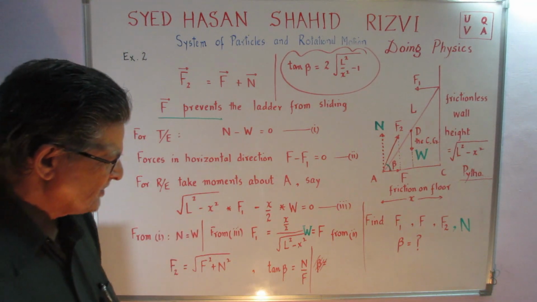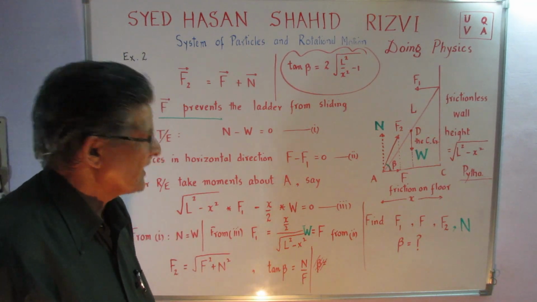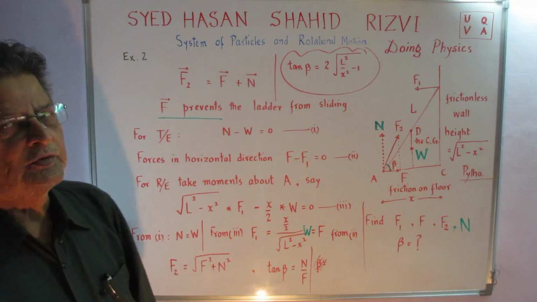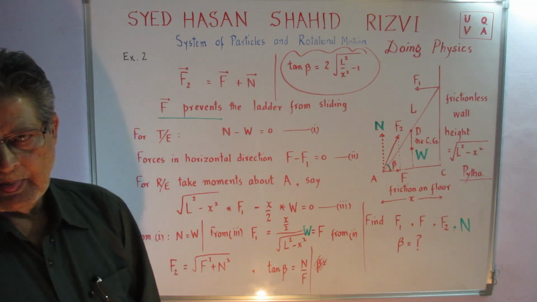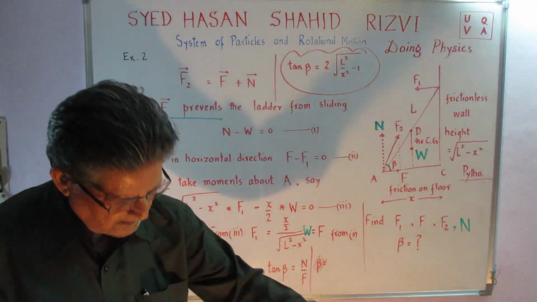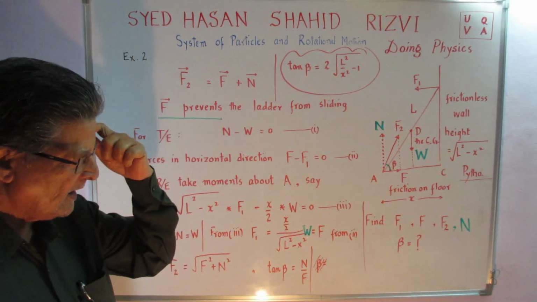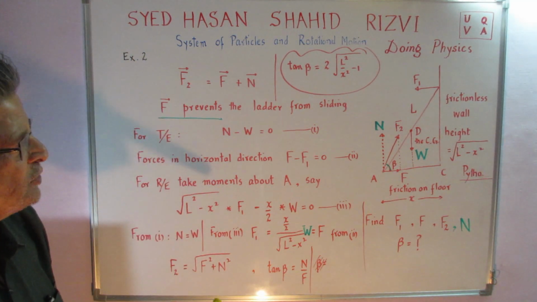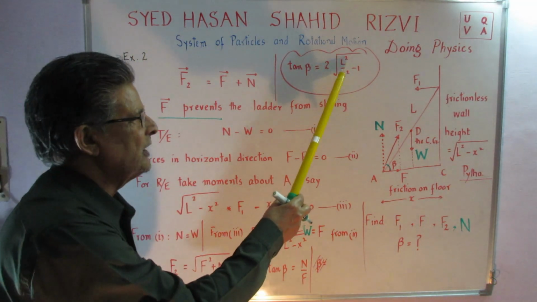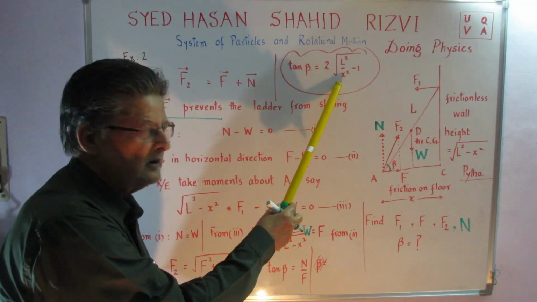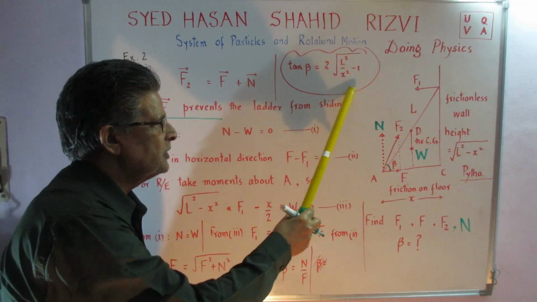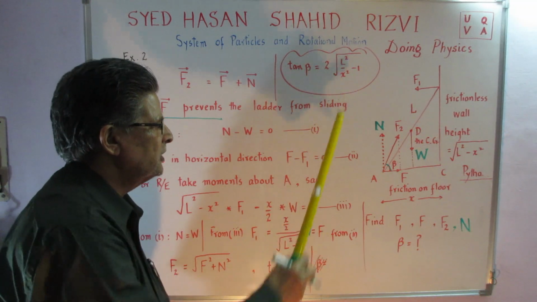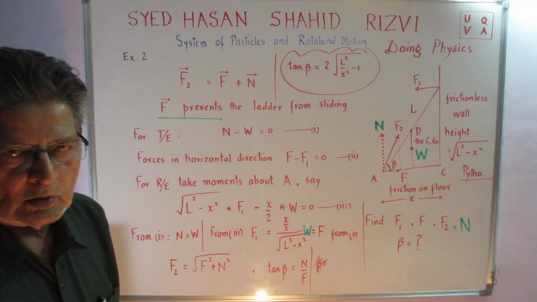Now, it is just coming to my mind, what will happen if x were equal to L. That is, the ladder were lying on the floor. Then naturally you can see that L square upon x square becomes equal to 1. So this is equal to 0. So tan of beta becomes equal to 0.